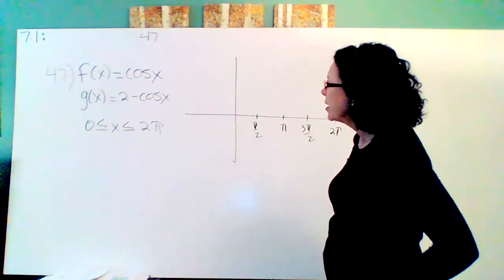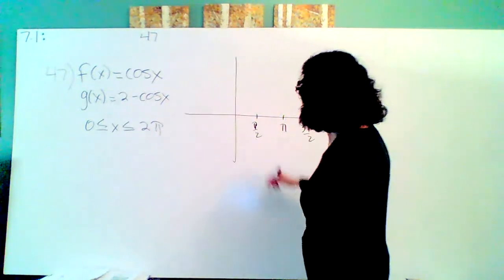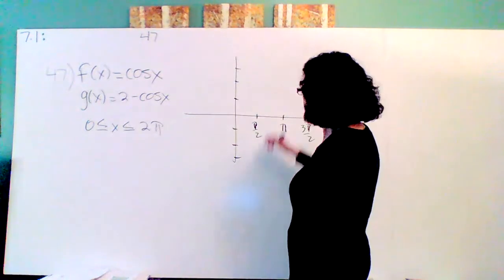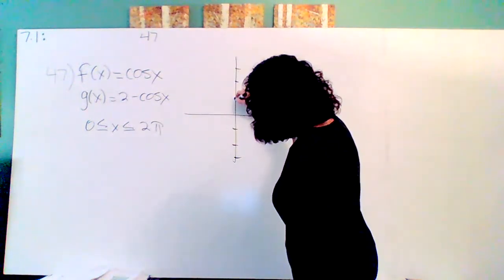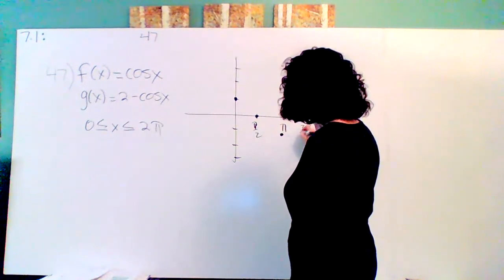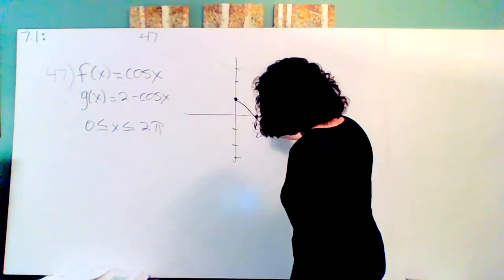Okay, let's go ahead and do cosine since it's a parent function and we're used to that. Cosine is at 1, it's 0 radians, it's 0 at pi over 2, negative 1 at pi, at 3 pi over 2 it's back at 0, and at 2 pi, it's back up at 1.